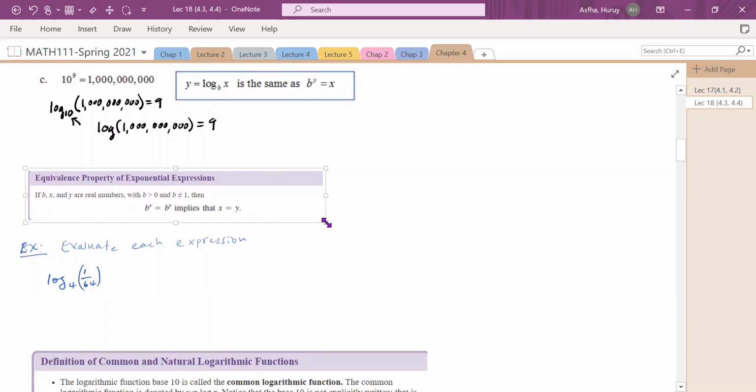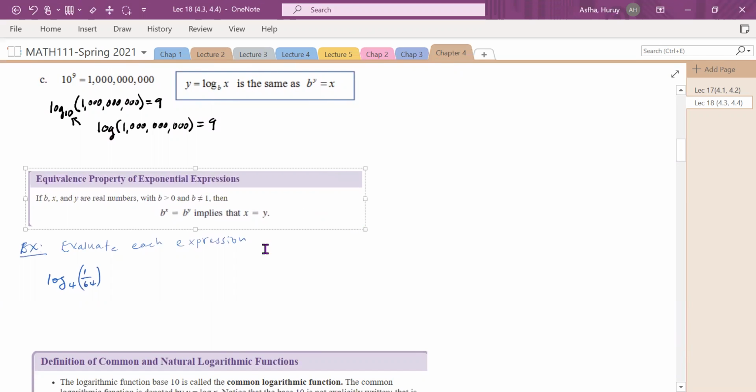And here we have the equivalence property. This is very important because it helps us to solve or evaluate logarithmic forms or even exponential forms. So let's say we have b, x and y, all real numbers, with b greater than 0 and b different from 1.